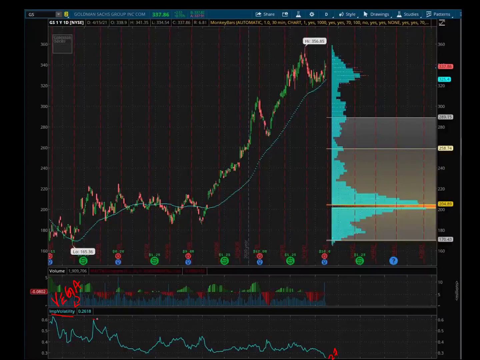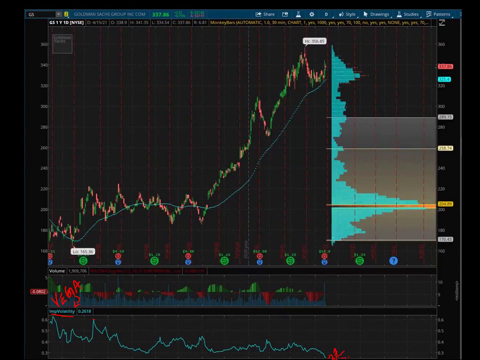So we have to look at each underlying and see where implied volatility, or this Vega number, is in relation to where it's been in the past. And right now I can see that Goldman Sachs with implied volatility or Vega in the option montage at 27 is as low as it's been in the last 52 weeks. So we would say that that is extremely cheap.